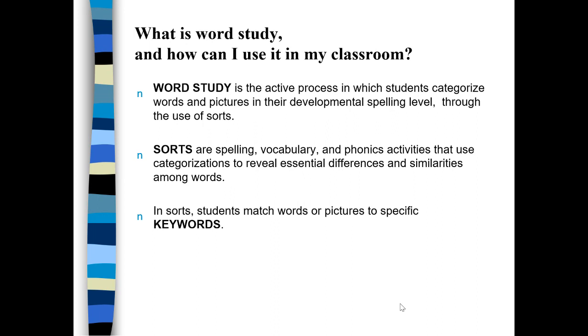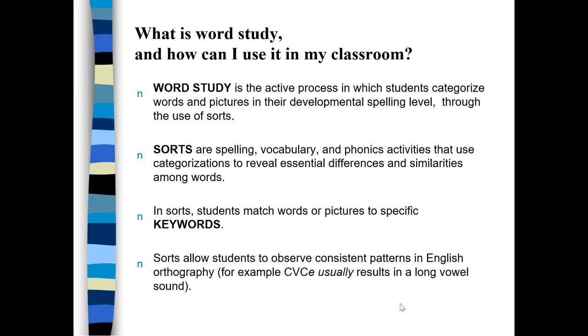In sorts, students match words or pictures to specific keywords. And sorts allow students to observe consistent patterns in English orthography, such as CVCE words usually resulting in a long vowel sound. I will show you what these look like momentarily.